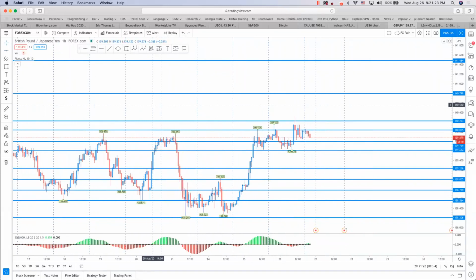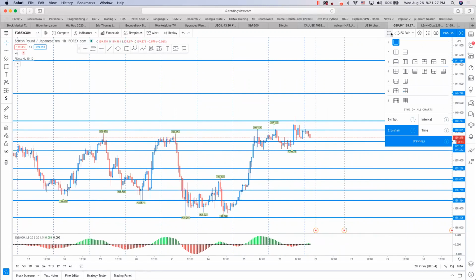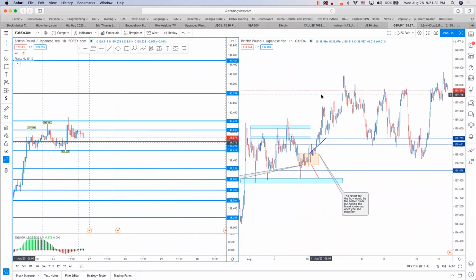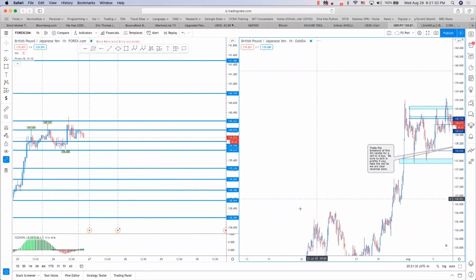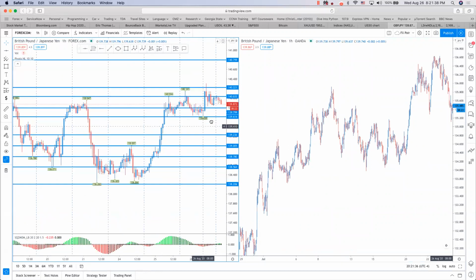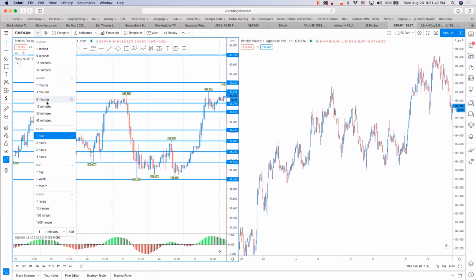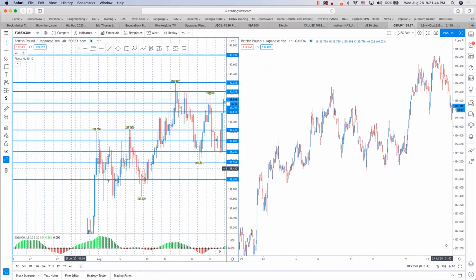So now let's look at this side by side. GJ. And let's look at the 4 hour over here, right?